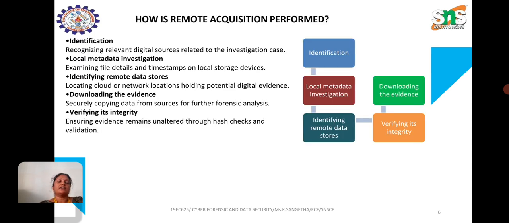So let us have a small real-time case. Let us discuss the year 2017 WannaCry ransomware attack. Cyber forensic experts remotely accessed all the infected computers and cloud-based files.